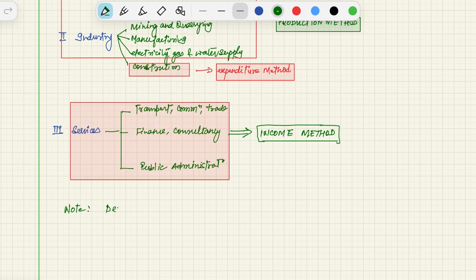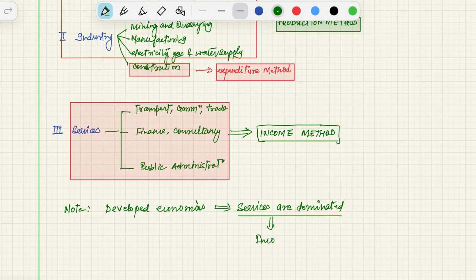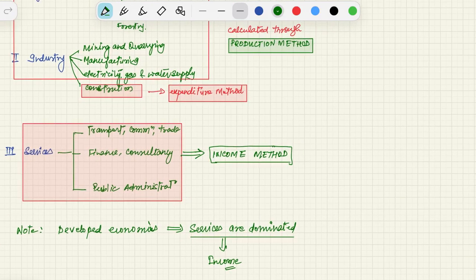In developed economies, services are dominant, and for services we use the income method. So the income method is generally preferred in developed economies. In India we use all three methods.